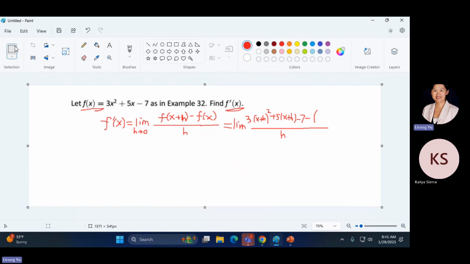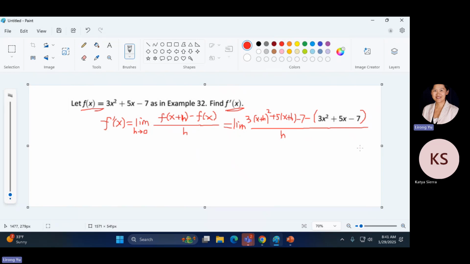All right, f of x is the original definition, obviously. That's the f of x. Just move it all over here. That's f of x. Okay, so that's the actual calculation of it.